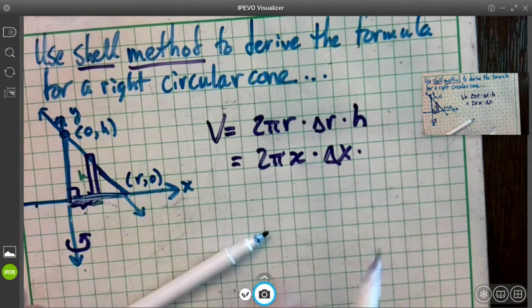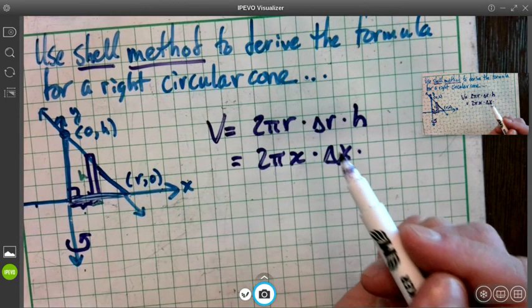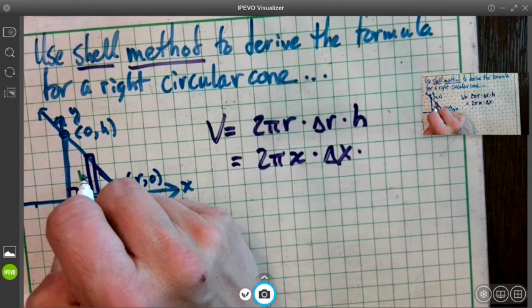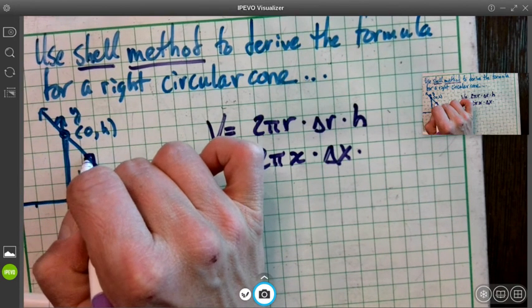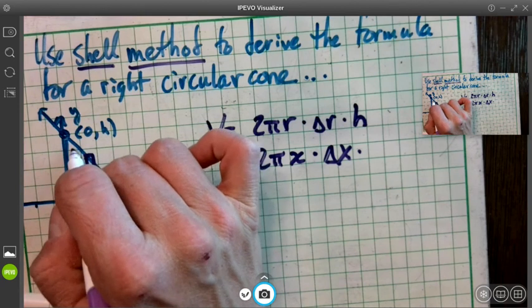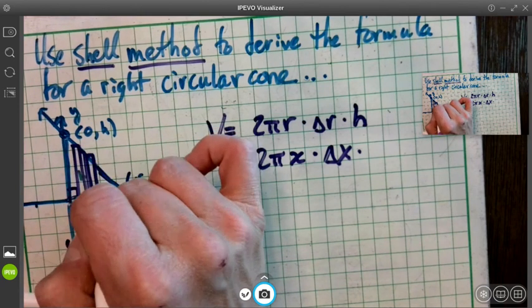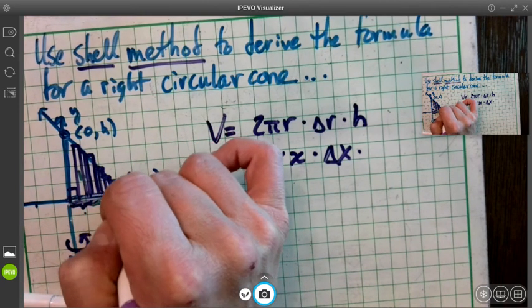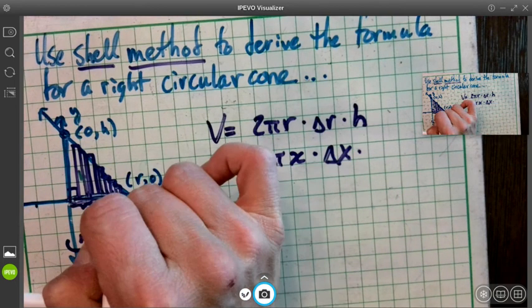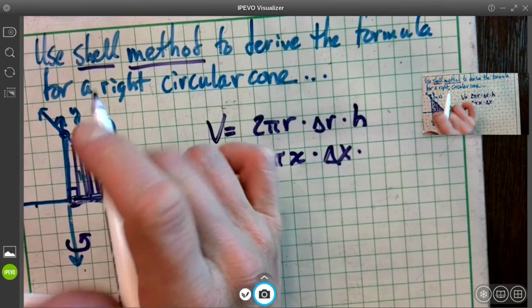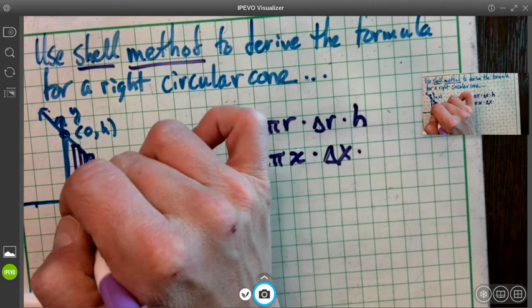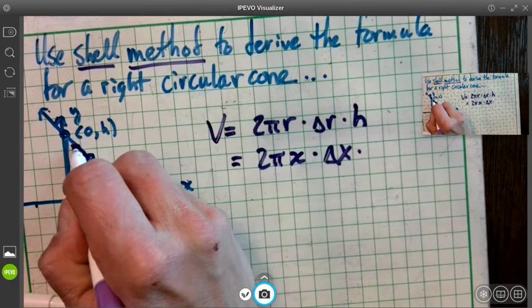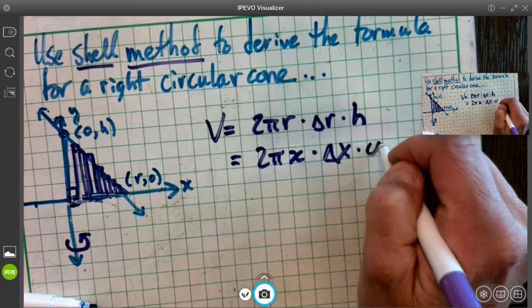So what we can do here is go back to the slice, the height of my overall cone versus the height of my slice. The height of my slice clearly needs to vary depending on where I draw it. We're trying to draw all these shells, and all these shells have different heights and different radii. So the idea here is we need to come up with the equation of the line, the function, that would represent the height, this random y value right there.